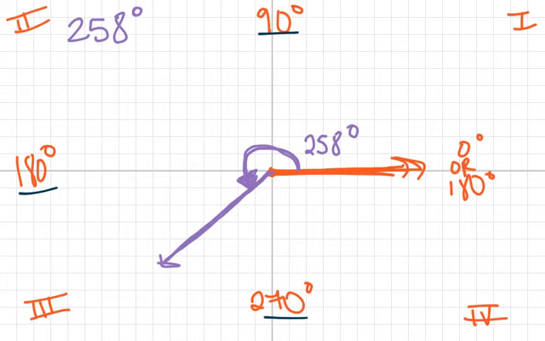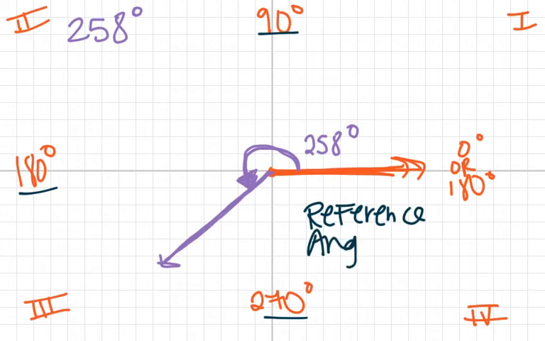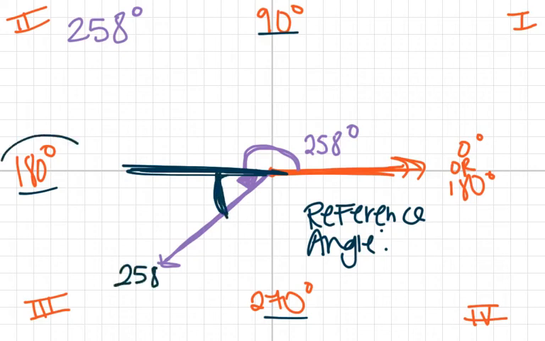And let's take a look at what the reference angle would be. So let's think about the reference angle. Well, we have to connect it to the x-axis. And which x-axis side is this on? Well, it's on this side. So the reference angle will be connected here. What is the space between 258 and 180, right? Because this is what we're looking for. This space here.